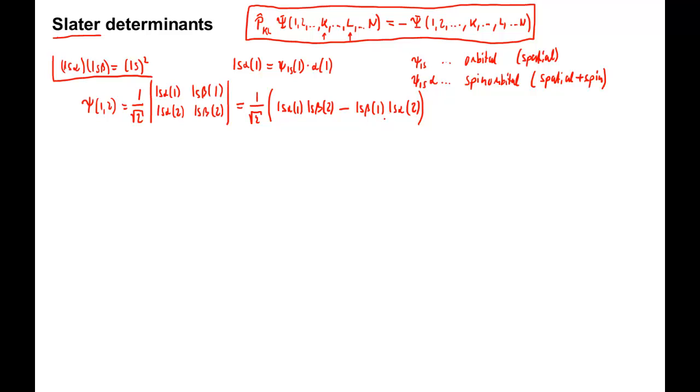Now, let's determine how this wave function behaves under exchange of the electrons 1 and 2. P12 operating on psi(1, 2) equals 1 over square root of 2 times 1s alpha 2, 1s beta 1, minus 1s beta 2, 1s alpha 1.